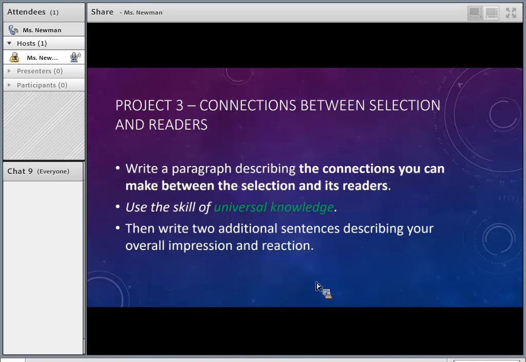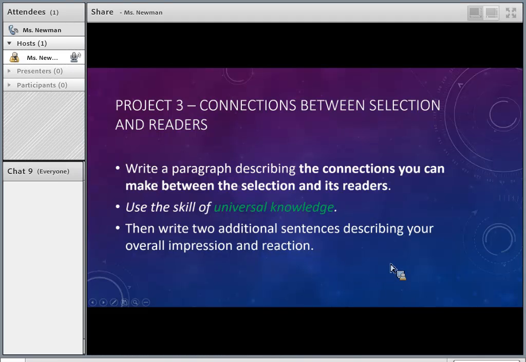It could be to yourself, your experience, to the experience of someone else, to a world event, to anything. You're just making connections. How does this speech fit into history, into the world, into events, into anything that you or someone might have experienced? Then write 2 additional sentences describing your overall impression and reaction.